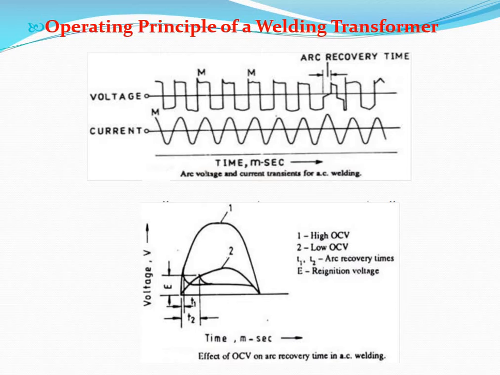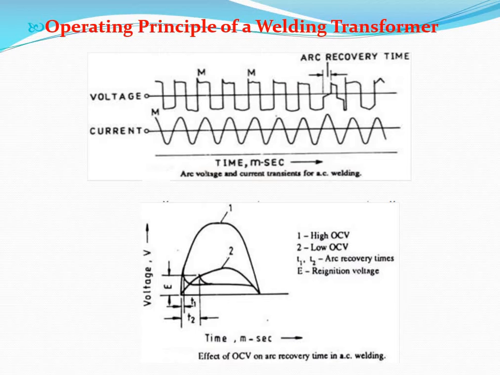With small currents, say about 60 to 70 amperes, the no load voltage of the transformer should be 70 to 80 volts. If we increase the open circuit voltage, that will be dangerous to the welder's safety and will impair the power factor of the welding transformer.